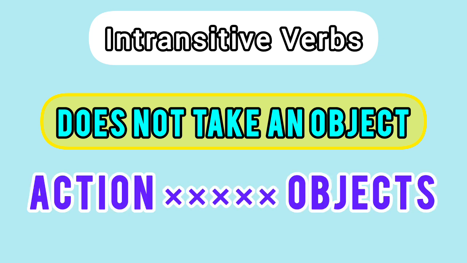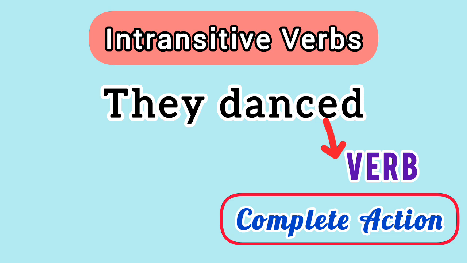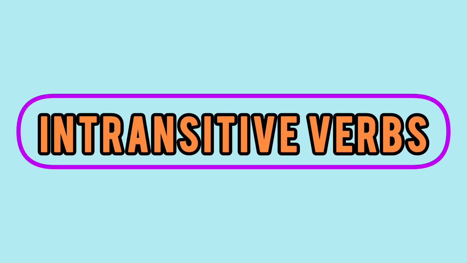So, here the action doesn't shift to the object from the subject, like that of the transitive verbs. So let's take an example. They danced. So here the verb danced denotes a complete action, and this way it doesn't take any object to complete the sense. So it's an example of an intransitive verb.